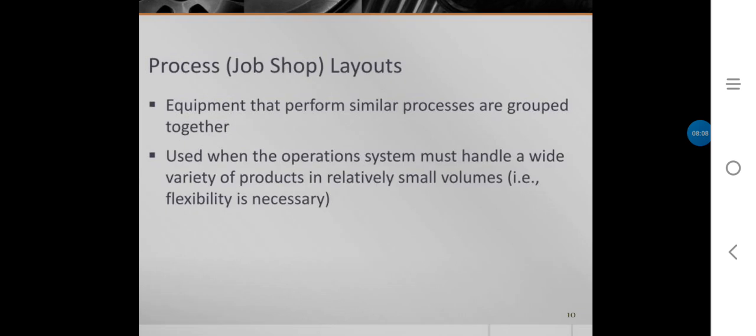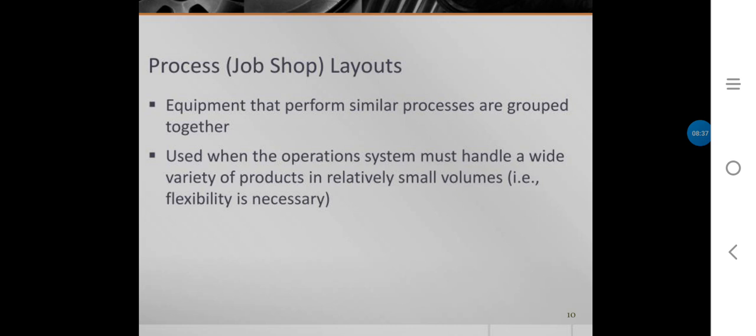The process or job shop layout is where equipment that performs similar processes is grouped together, and it is used when the operation system must handle a wide variety of products in relatively small volumes. Process layouts are normally used for low volume and high variety products.